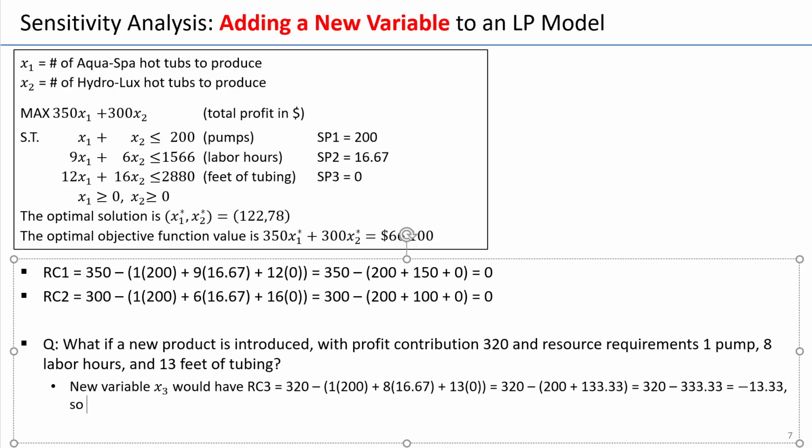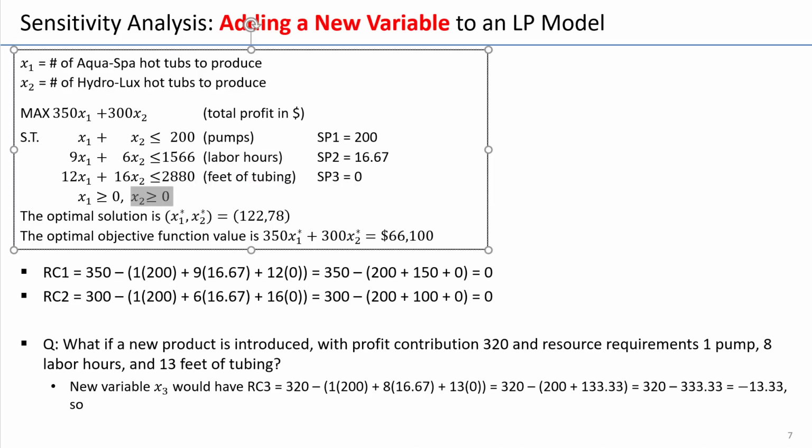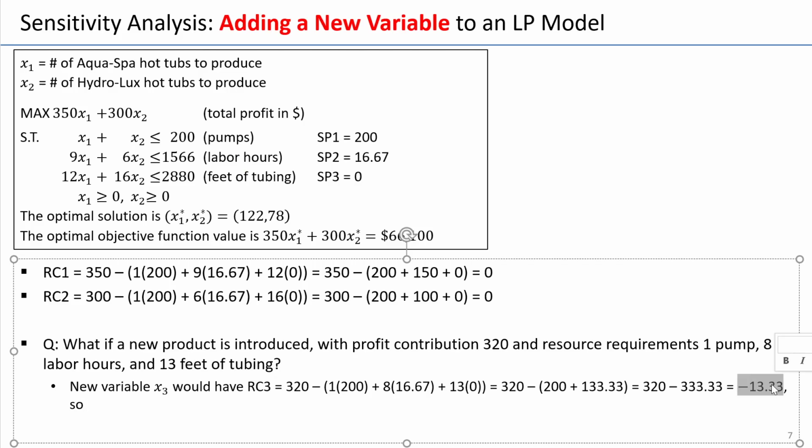So given that I'm assuming that the lower bound would be 0, this negative reduced cost tells us we would like to decrease the variable x3, because increasing it actually would increase the profit by minus 13. It means it would actually decrease it. And if we decreased x3, we would decrease the profit by minus 13, and decreasing by a negative value would mean increasing.